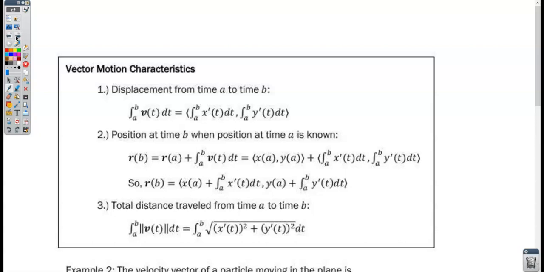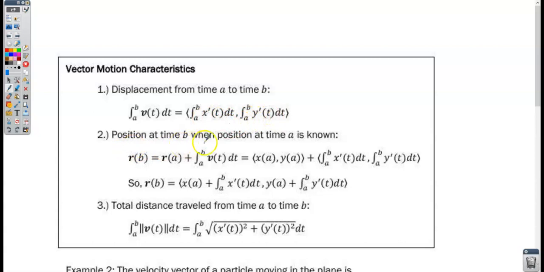The displacement from time A to time B, just like in rectangular coordinates, is the integral of the velocity. And so now we're integrating the vector-valued velocity function, which we do by integrating each one of the components of the velocity function individually to get the displacement vector.